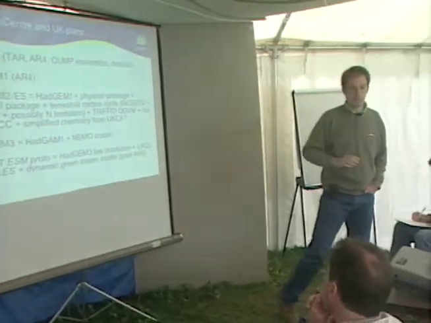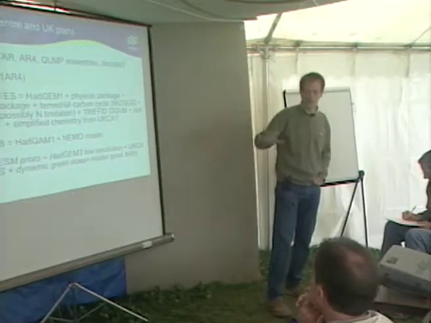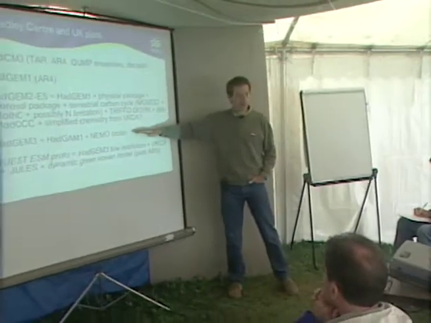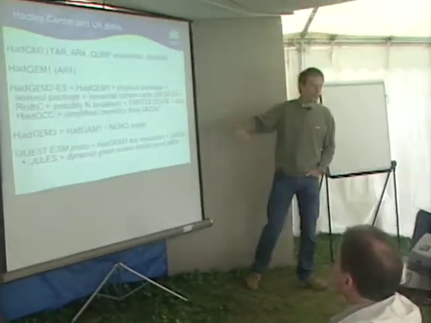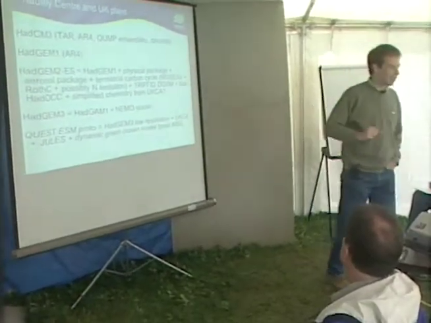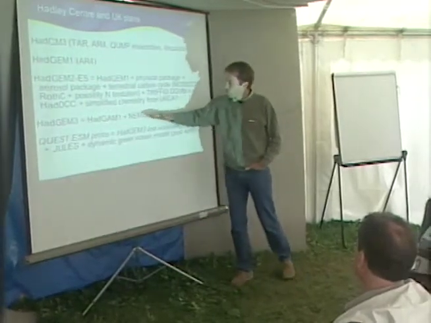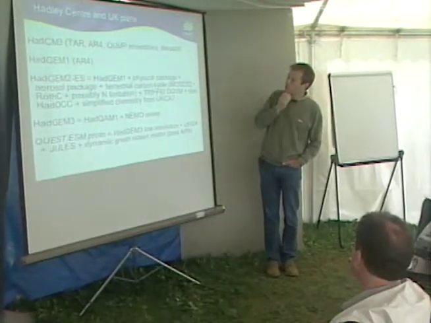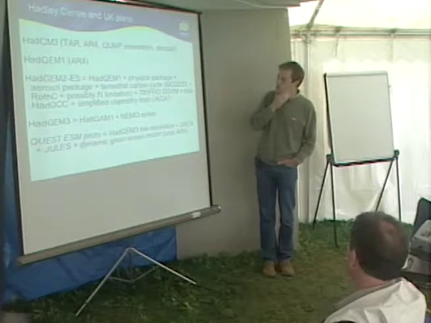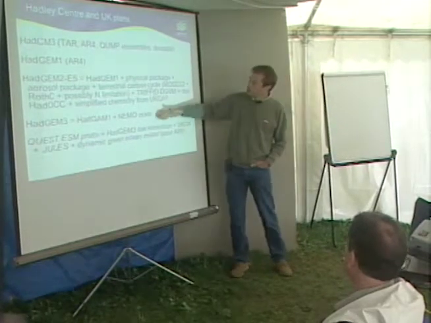It's based on the OPA French model, but it's being adopted now by many people, ECMWF, Hadley, Toulouse people, and there's quite a community around that ocean model now. So this is sort of next generation of the physical ocean atmosphere model, and that goes in parallel.